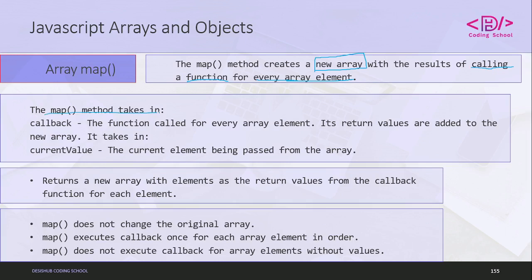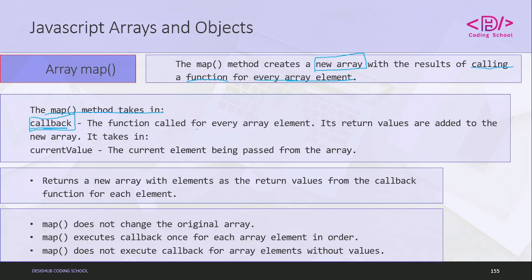Let's look at what it does. The map method takes in a callback, the function called for every element, as we said. So it takes in a function which you normally call a callback function. Just know a callback function is a function that will be called at some time after.